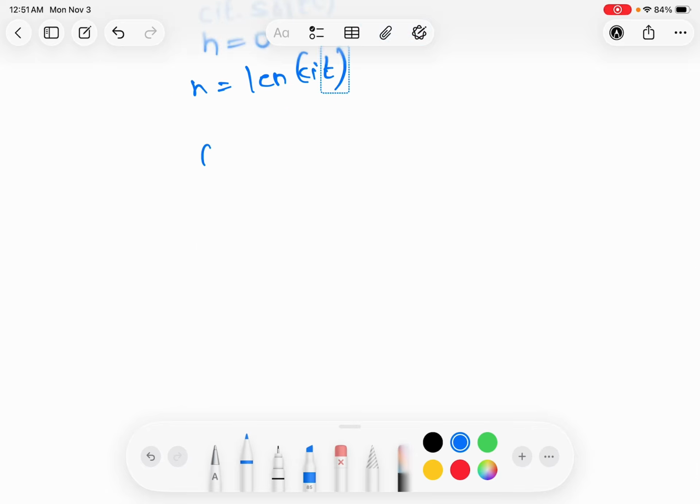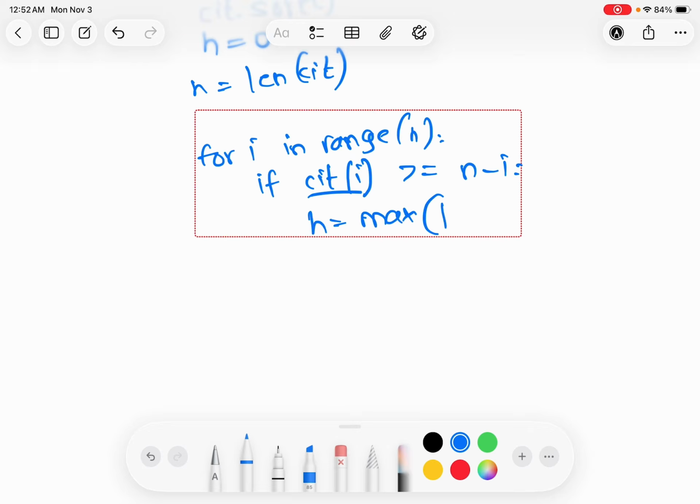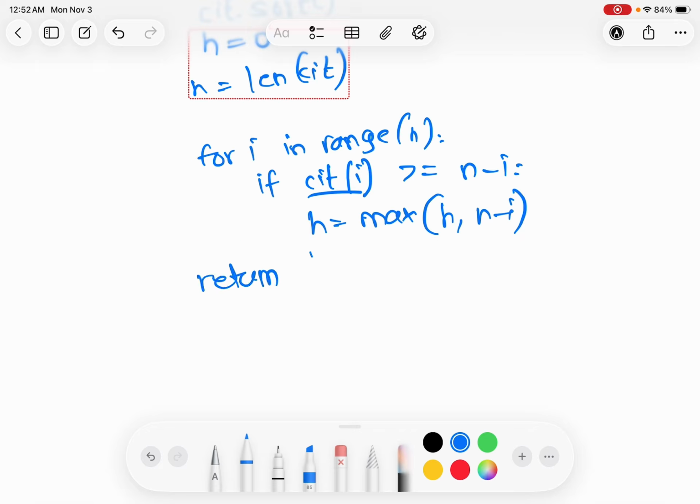Now we just loop for i in range of n: is citations[i] at least as big as n minus i, because we have sorted it? If it is, it means there are at least n minus i papers which are at least as big as this very number. So h equals the maximum of h and n minus i. Return h, that's it.